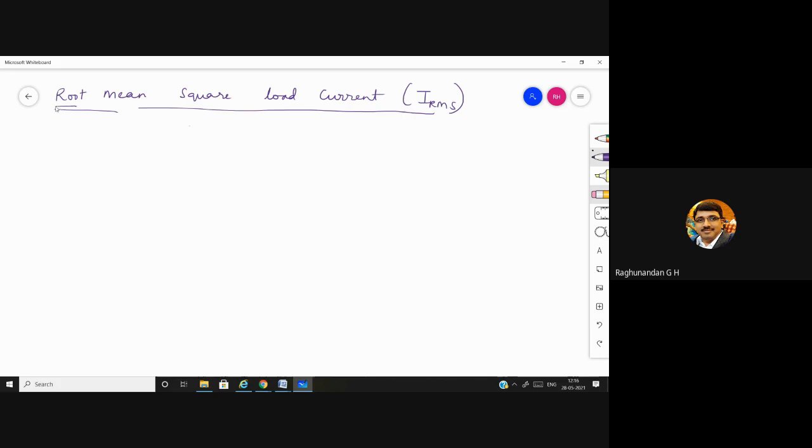It will have a root, and the current will be squared. Root mean square: it will have a square root as well as the current squared. So that's why we write IRMS is equal to root of the area under the curve over the full cycle.